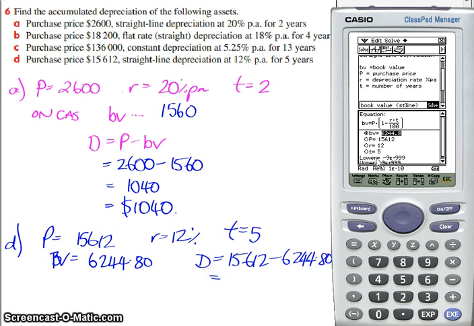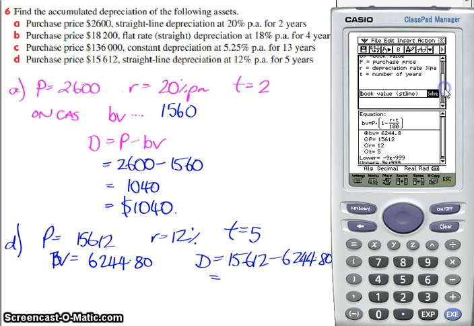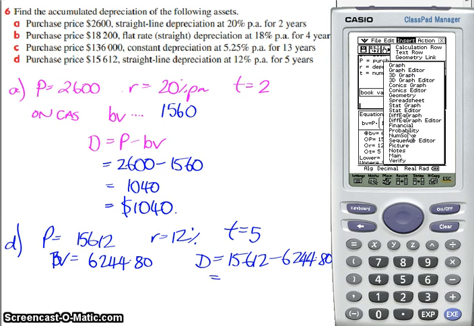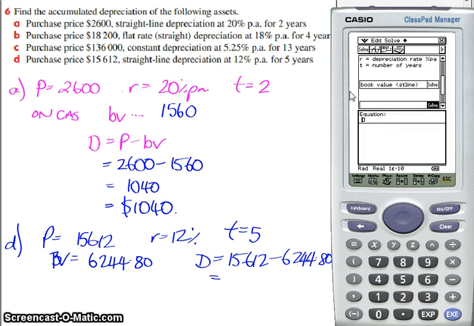If you find that you think you'll do this question a lot, we could set up another numsolve strip in here. Let's put it here. Insert strip. Numsolve. And what I actually want to do here is my accumulated depreciation. It's going to equal my purchase price minus my book value, and it should carry through all those answers for me.